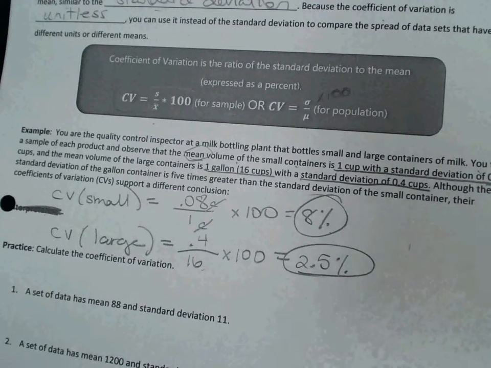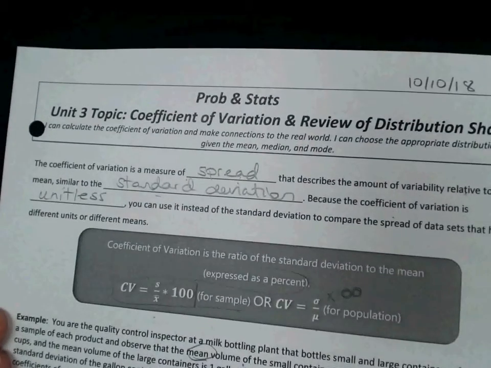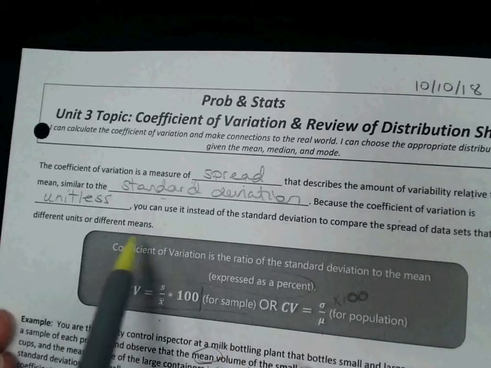So is this often only used to compare two numbers that are different units? Different units of measure or different means, yes. And that's what it says actually in that sentence up there. Okay. So good, yes. So we're going to practice.